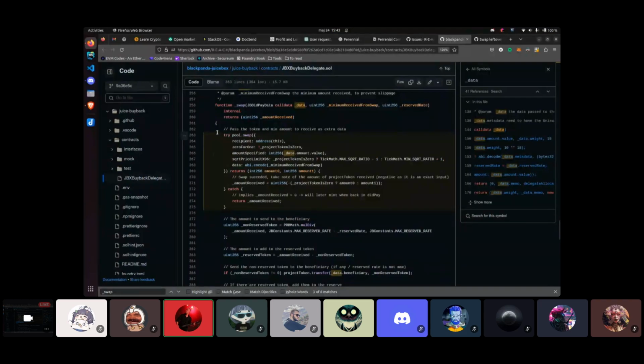Anytime you see this try-catch, you always have to think: what if you pass a specific gas amount, and you can make the transfer path fail? Forcing it to fail sometimes gives great results. In this case it's not practical, because the user would have to grieve themselves, which no one does.